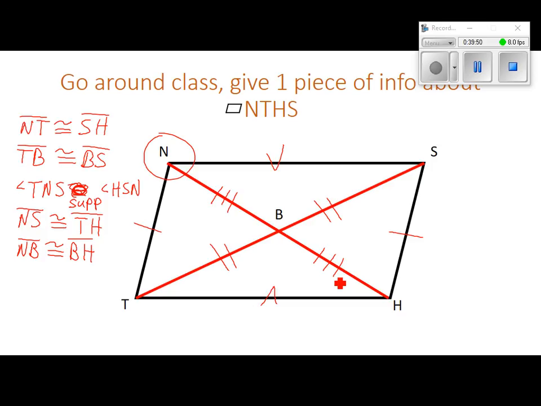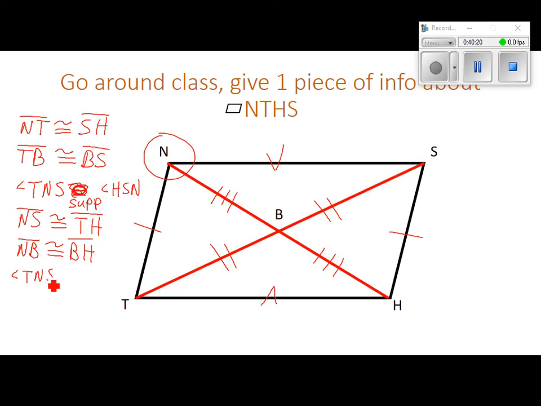Give me something else, Hunter. Angle TNS is, is that what you said, TNS? TNS and BHS. We've done a bunch of stuff, but there's still a whole bunch more.